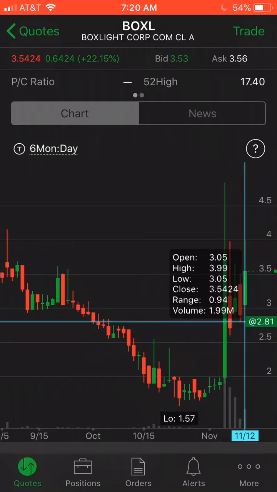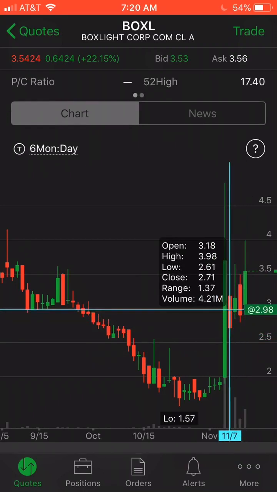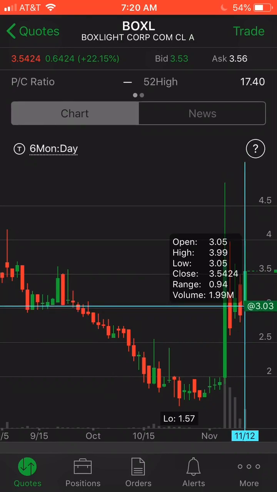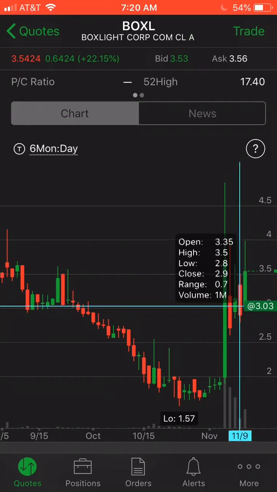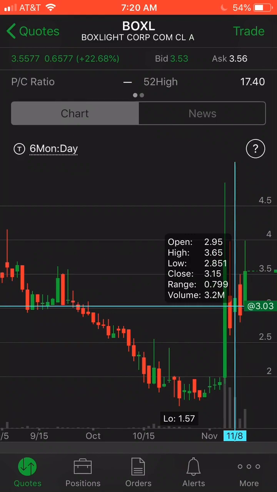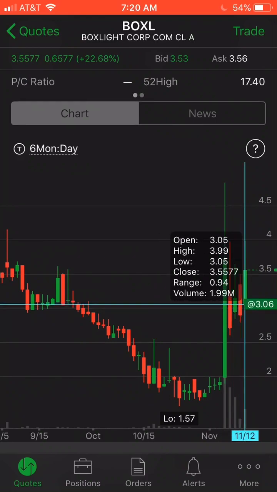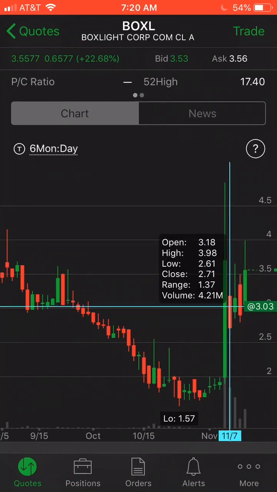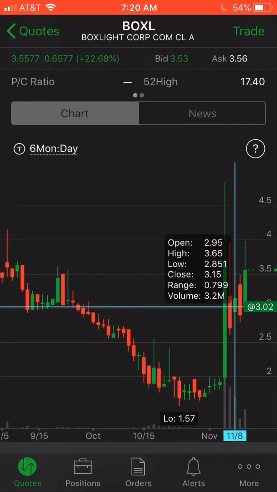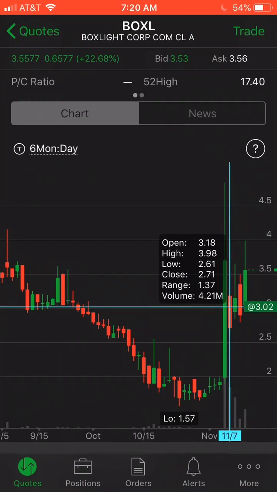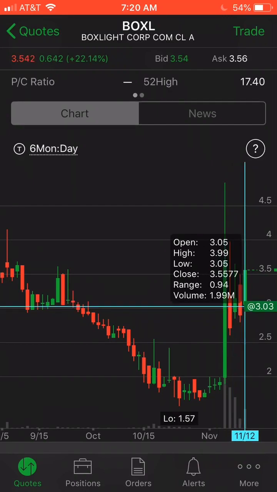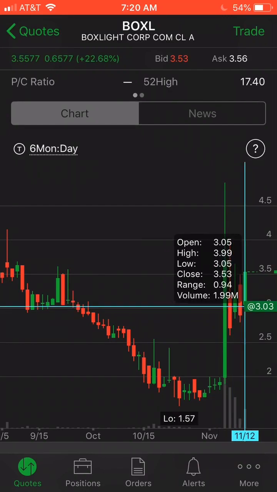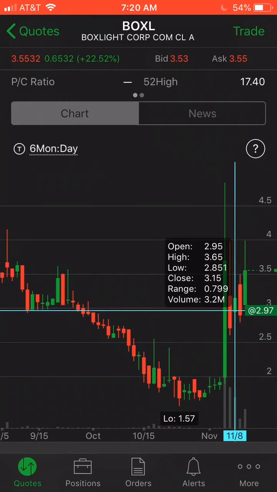So that was a 100% move in one day. And so now we are on this day. The volume is already 2 million, so it could possibly, but it did double top here. So see, this day the high was about $4, and today on the 12th the high was about $4 too, and it went back down.